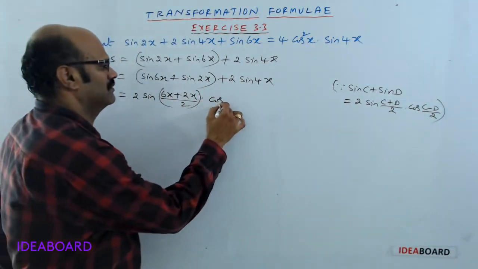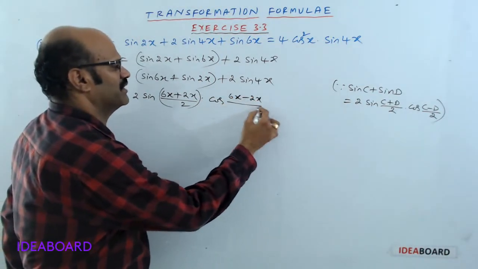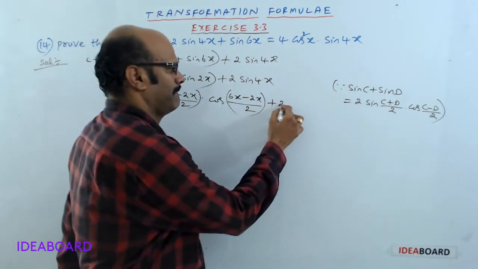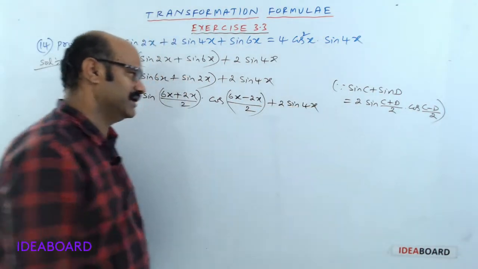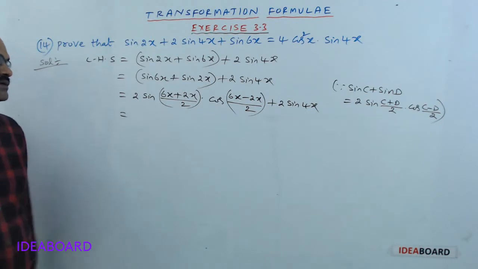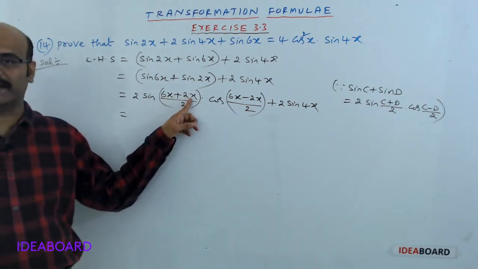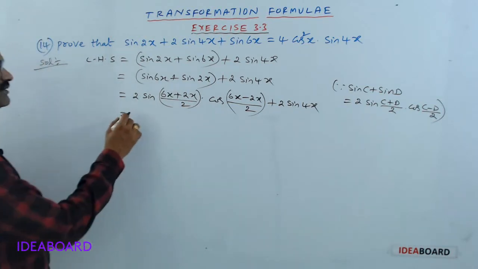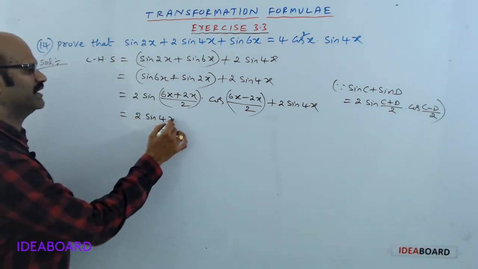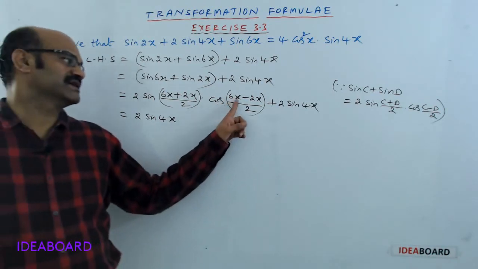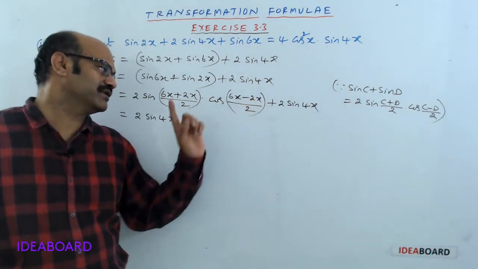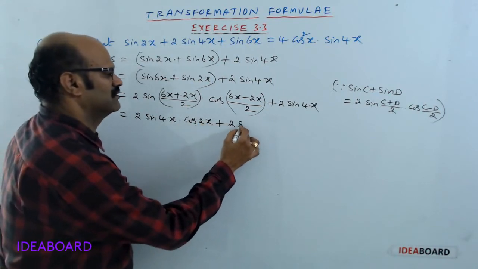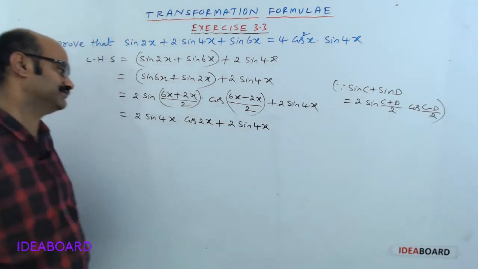Here, it is 2 sin of (6x plus 2x) by 2 into cos of (6x minus 2x) by 2, plus 2 sin 4x. 6x plus 2x equal to 8x, 8x by 2 equal to 4x, so it is equal to 2 sin 4x into 6x minus 2x equal to 4x, 4x by 2 equal to 2x, cos 2x, plus 2 sin 4x.